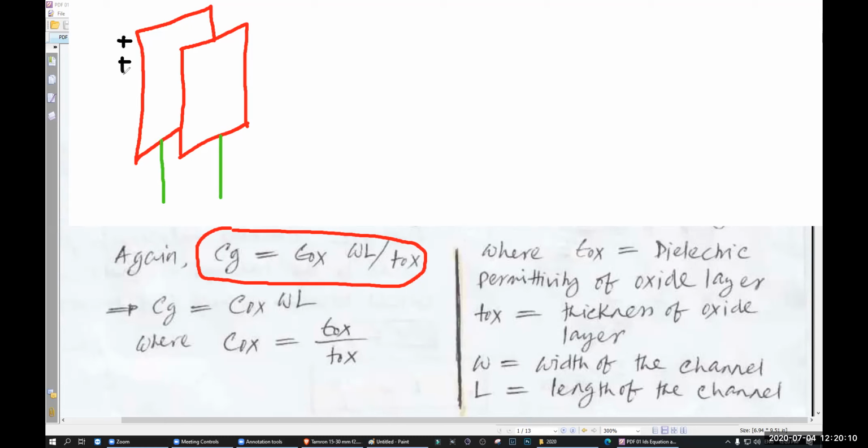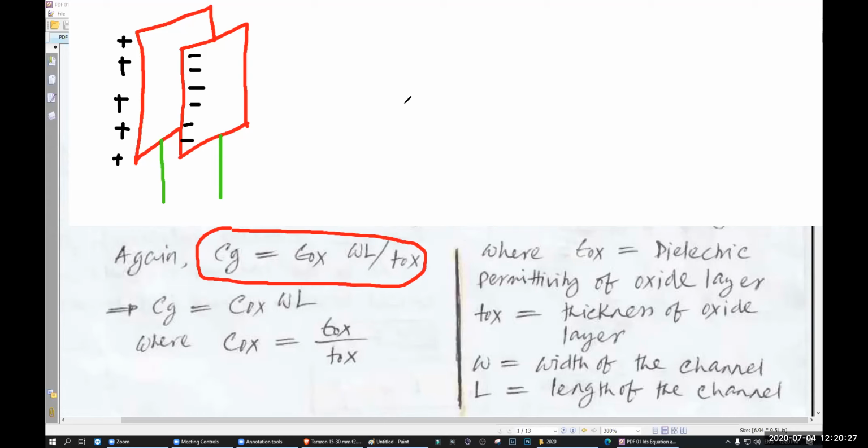These are plus, these are minus. Two parallel plates are there. One is charged with positive charge, another one is charged with negative charge.